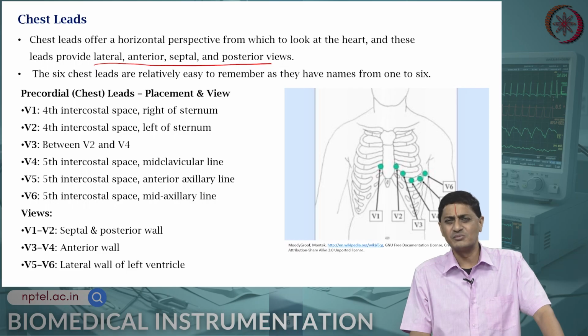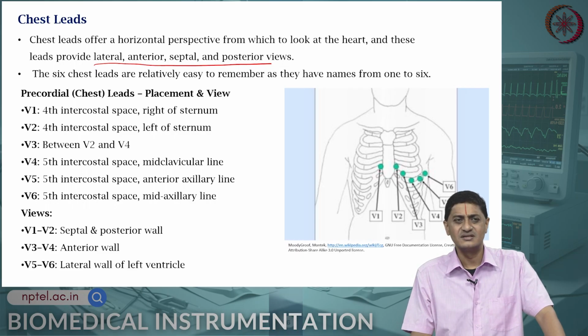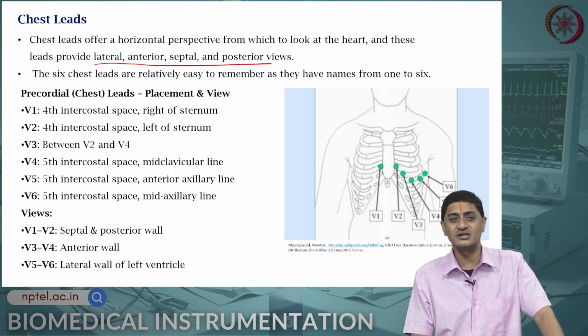It is quite easy to remember their names because these are essentially V1, V2, V3, V4, V5, V6. And there is a particular place where you keep them. V1 is placed in the fourth intercostal space right of the sternum. V2 is placed just left of the sternum in the fourth intercostal space.